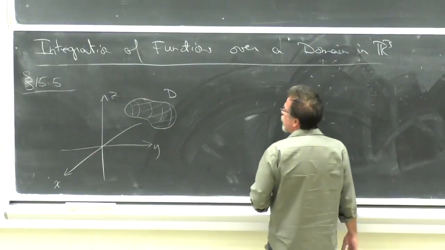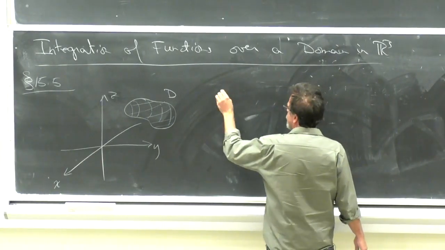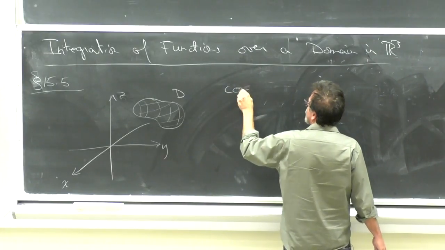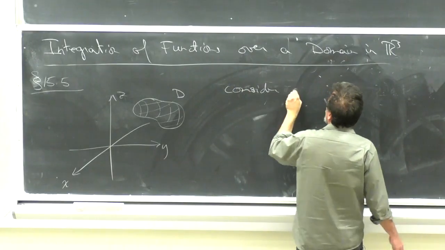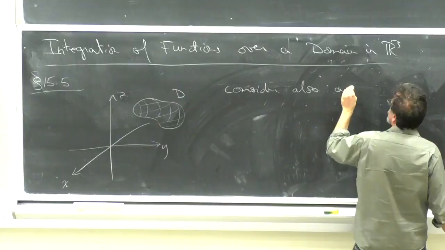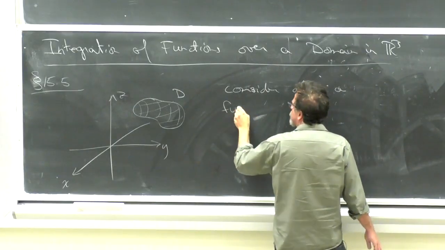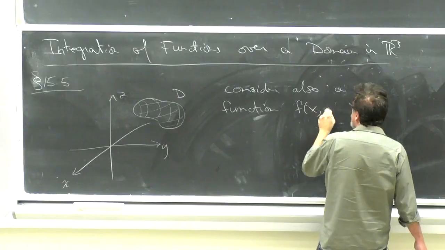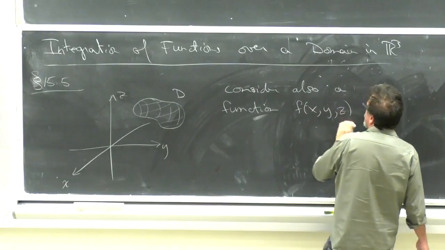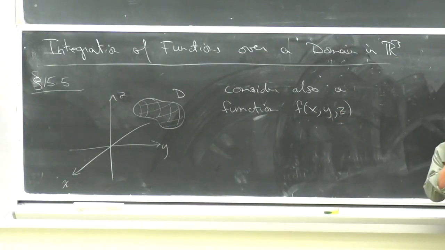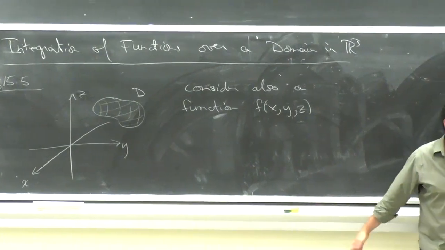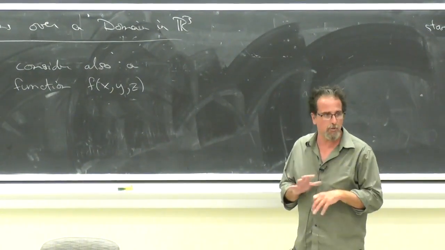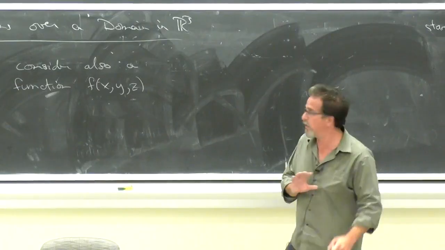And to this you add a function. Consider also a function, so we always have to have that other function, f, which is a function of x, y, and z. Okay? Now, folks, in mathematics, we always introduce shorthand. So now we're going to start introducing some more shorthands here. I'm going to tell you the first shorthand notation.